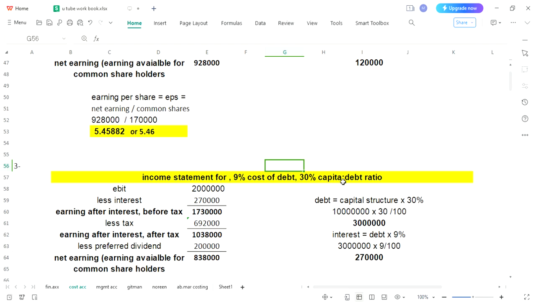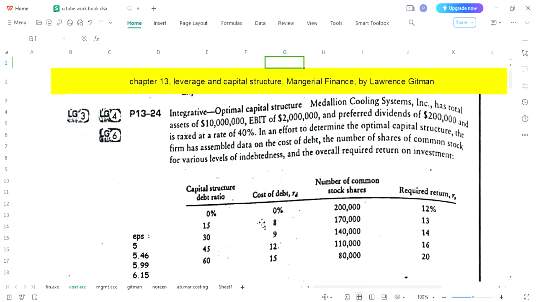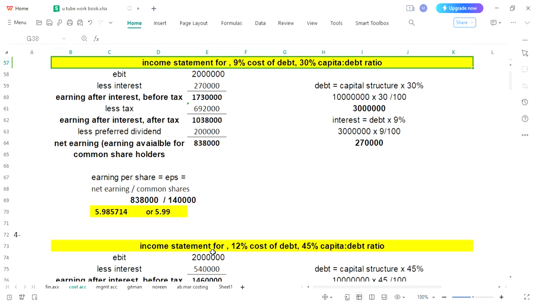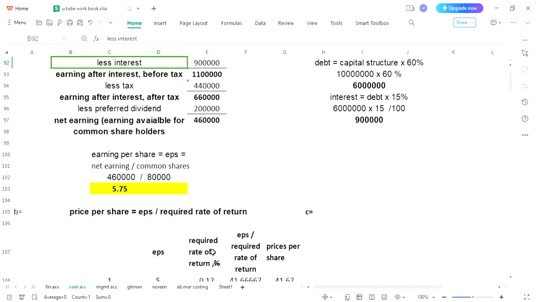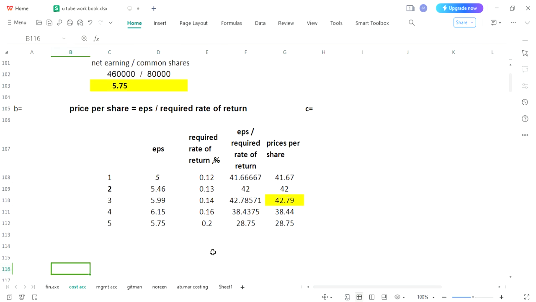How did you come to know? Look over here. Debt ratio is 0%, which means in total capital structure, no loan has been taken. Here 15% loan, 30% loan and 45% loan. After 30%, we have decided that this was your 30% loan limit. And when you have increased your loan limit from 30 to 45, what happened?